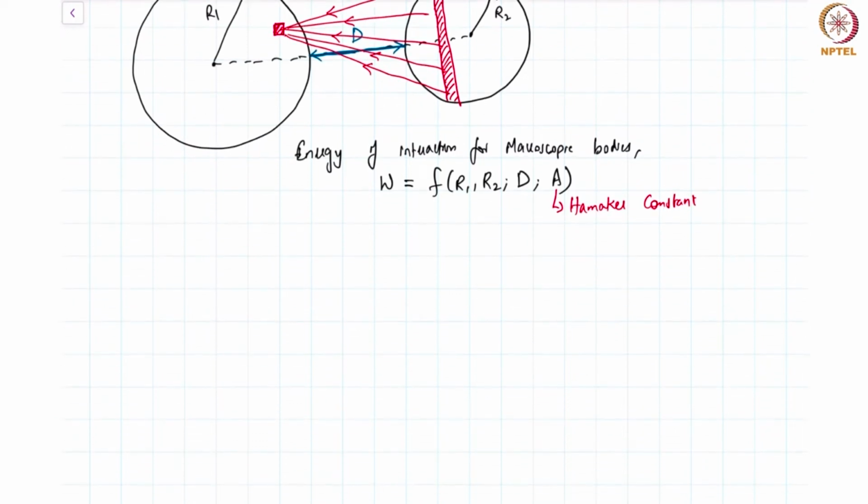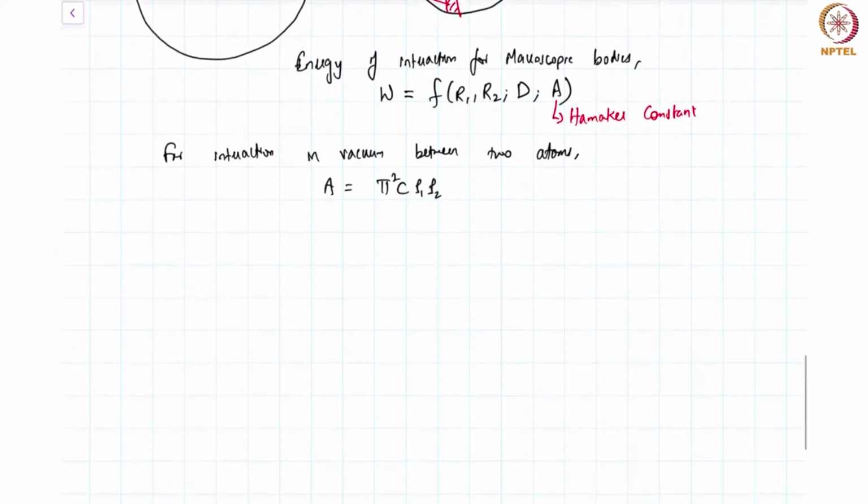So for example, for interaction in vacuum between two atoms, this parameter A essentially becomes pi squared C rho 1 rho 2. What are rho 1 and rho 2?